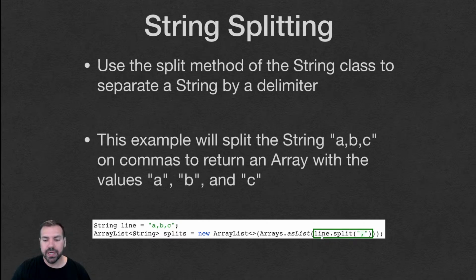So the string class has a non-static method named split, which will take a string as a delimiter, and then it'll split the string on that delimiter and return an array containing all of the values that are split. So for example, if line is A, comma, B, comma, C, and I call split on comma, that's going to return an array with the values A, B, and C as 3 different values in that array.